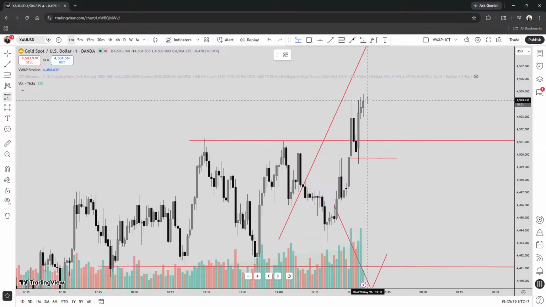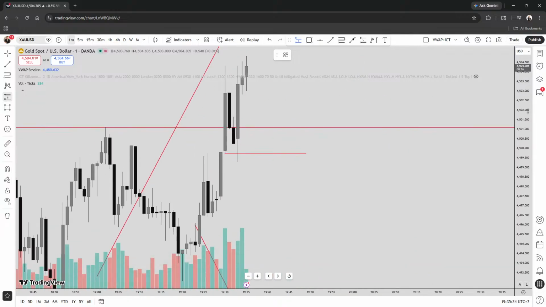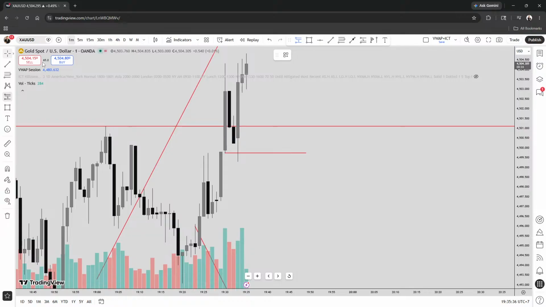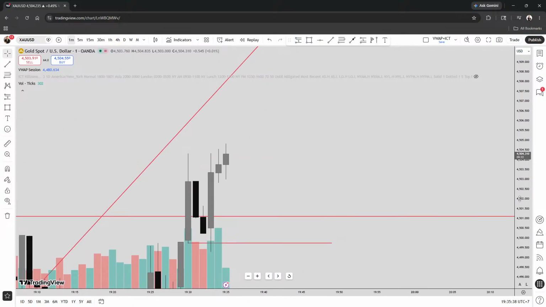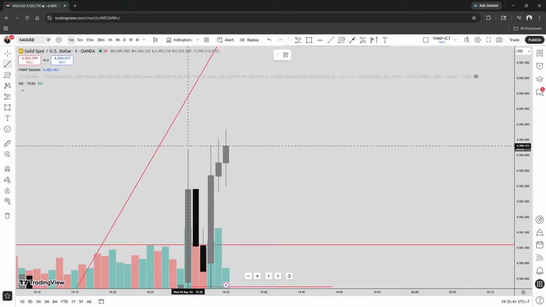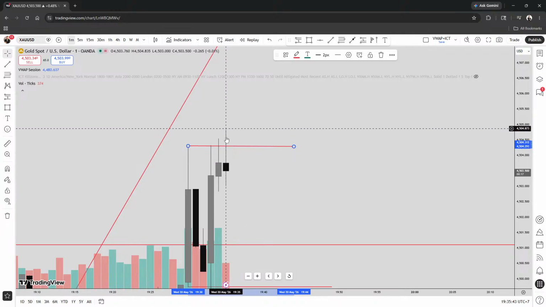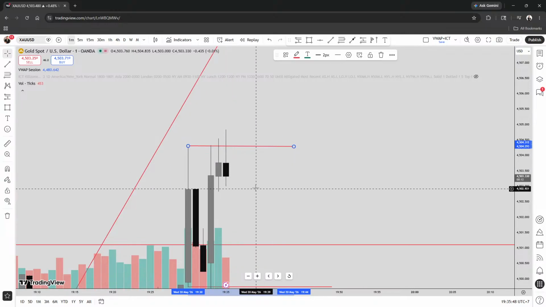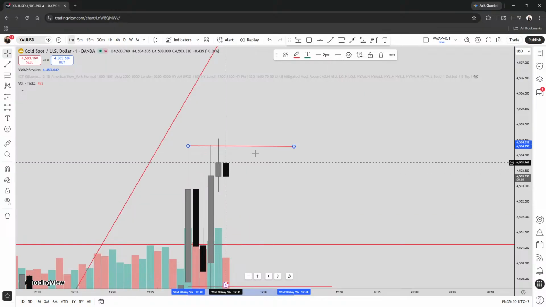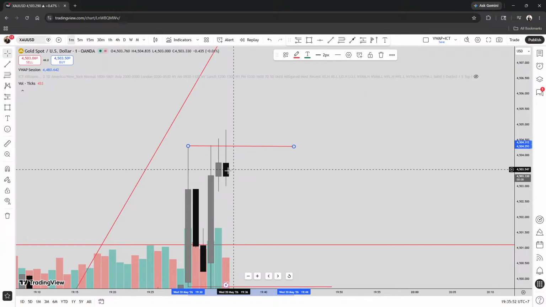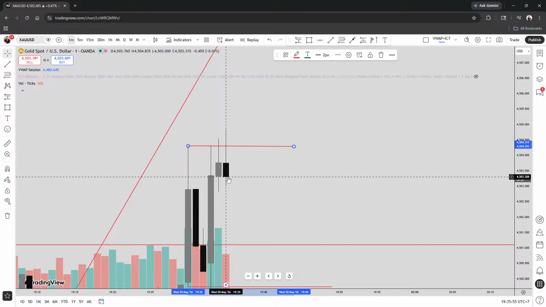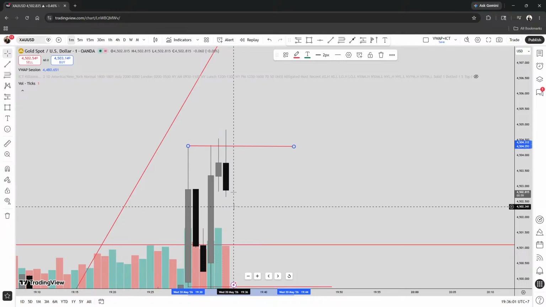The candle is still making these highs, so we can pay attention to these levels. This is also a sweep. This is the highest candle, so we have to wait for the next candle to close below the low of this candle, because this is the highest candle that swept this liquidity.